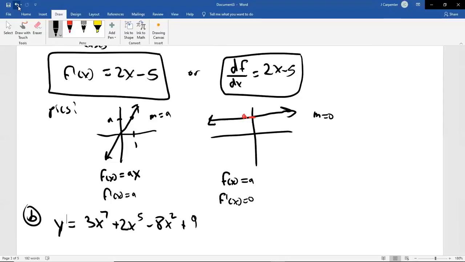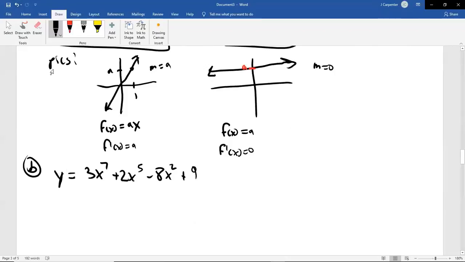I did not write this in function notation. I wrote this in the more algebraic standard y equals. It's the same thing though. Instead of writing f prime of x, we're going to write y prime, and instead of writing df over dx, we're going to write dy over dx.